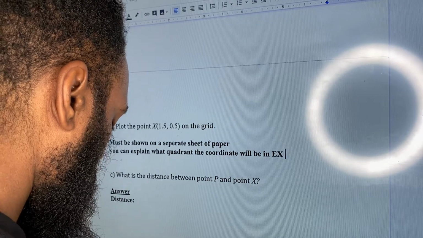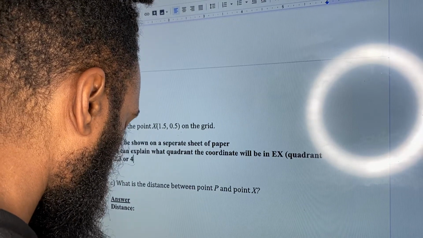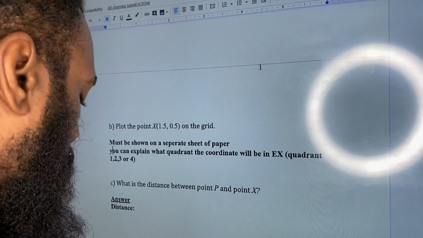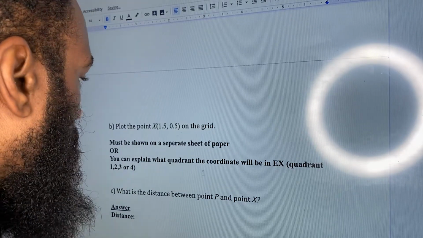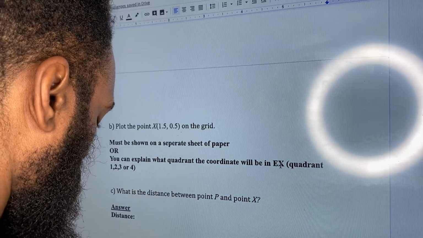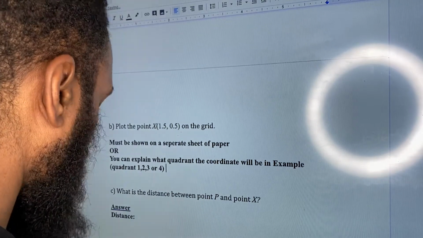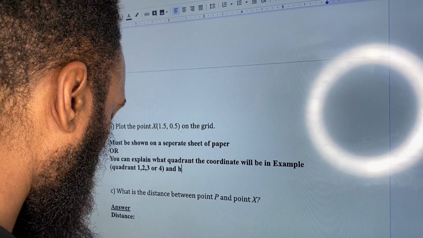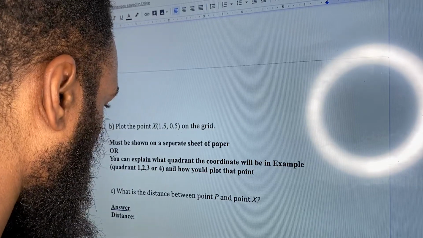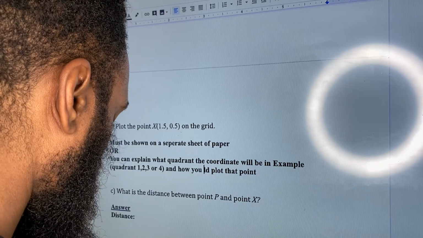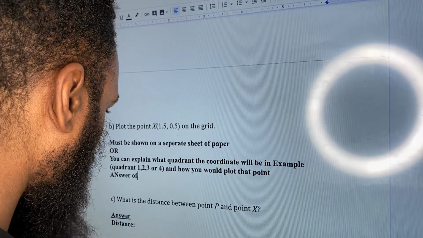Example, quadrant 1, 2, 3, or 4. Or how you would plot that point. Answer or explanation.